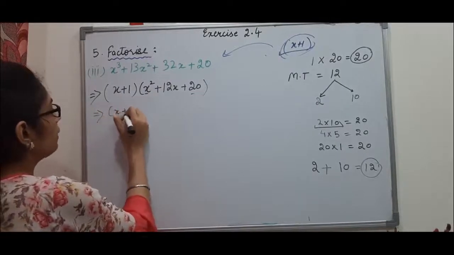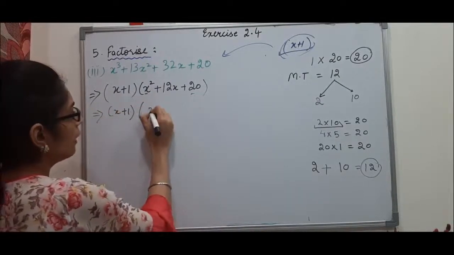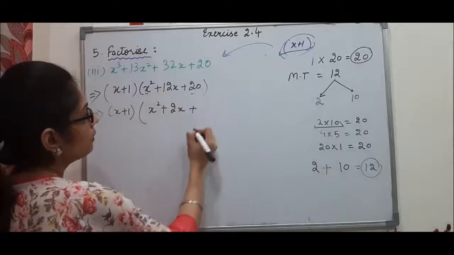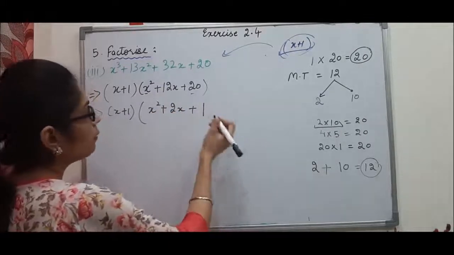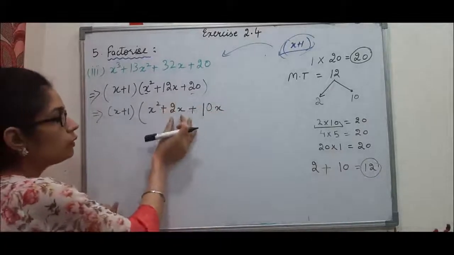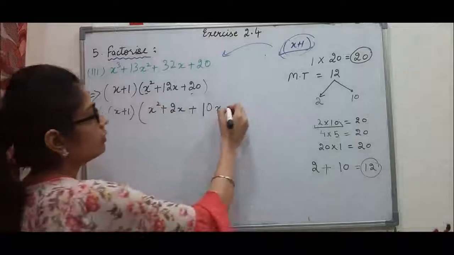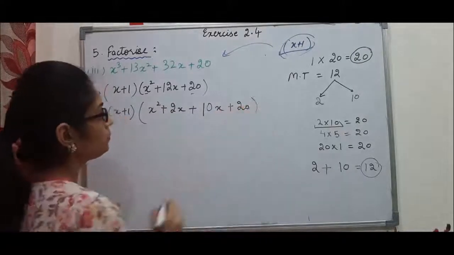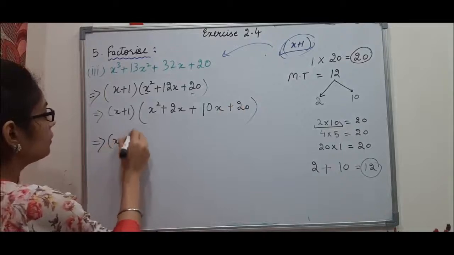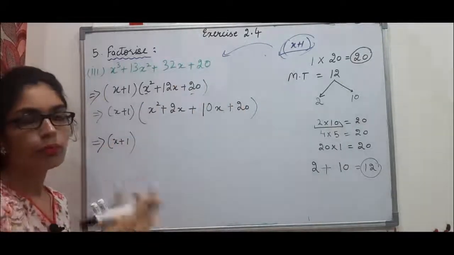X plus 1 I will write as it is, x square. Splitting means breaking down. 12 I have broken down as 2x plus 10x plus 20. So x plus 1, everything from the start you have to write.